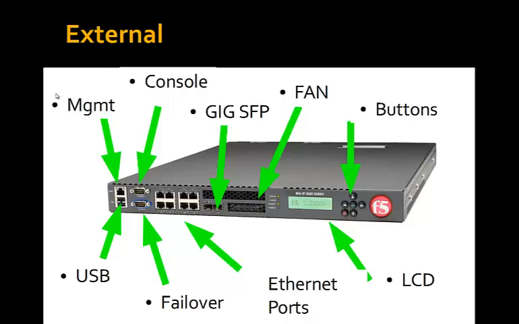Of course, you have the management connection here, in the event you need access to this F5 outside of local means. And you also have USB, which will be important if you run into a recovery situation. For password recovery, the USB is useful.